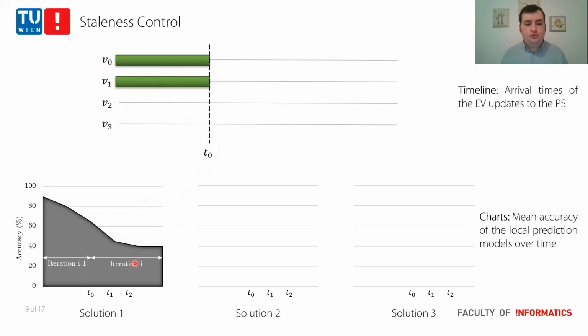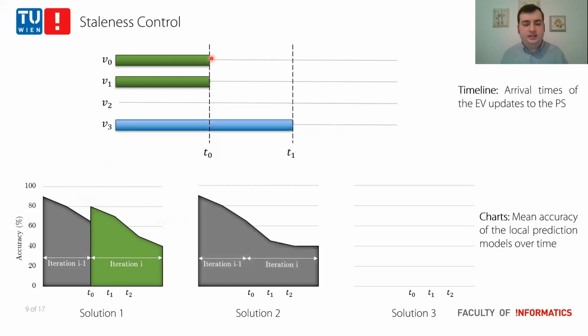So the first solution proposes that we immediately build a global model at time t0 and broadcast it to all edge nodes. This will result in a more accurate model because it contains fresher data. The second alternative is to wait for a while and to get at least one more update from one of the vehicles.